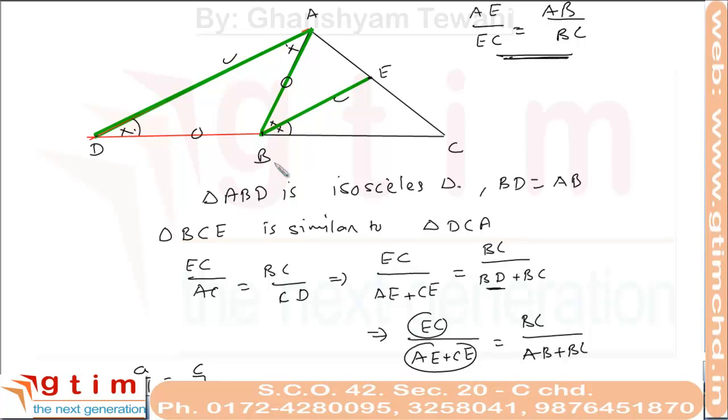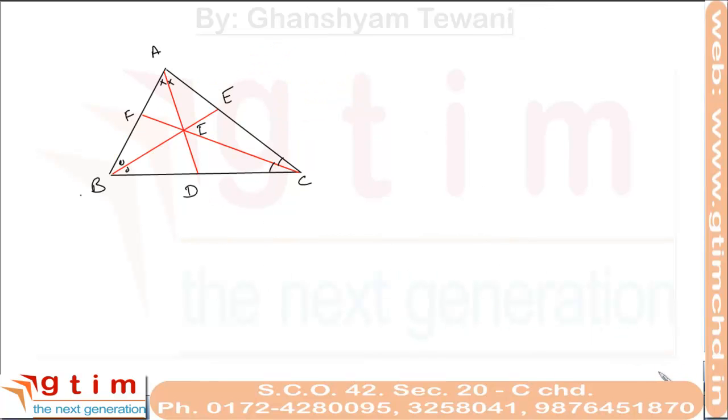Using this property of angle bisector, we can get coordinates of incenter. Consider triangle ABC with vertices x1, y1, x2, y2 and x3, y3.